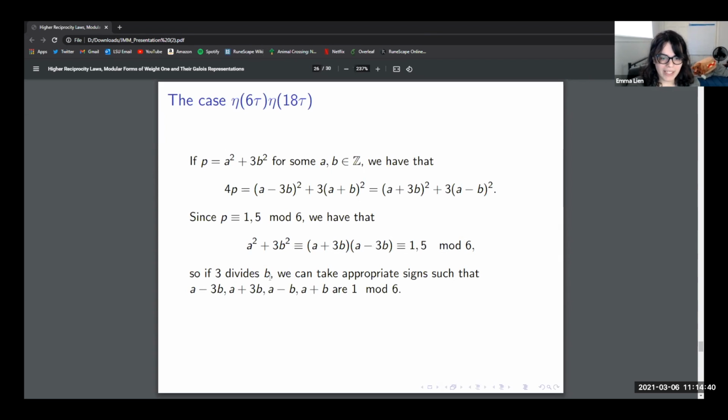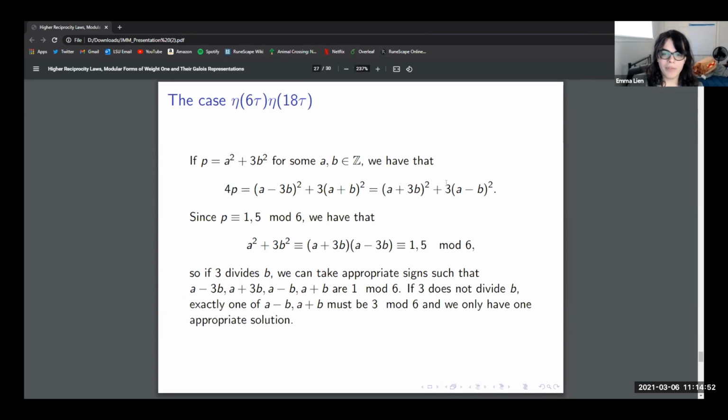So if 3 divides b, we can actually take appropriate signs so that all of the solutions are 1 mod 6, and we end up with 2 solutions. But if 3 does not divide b, exactly one of either a plus b or a minus b is going to end up being 3 mod 6. So we have to throw out one of the solutions, and we end up with only one appropriate solution.